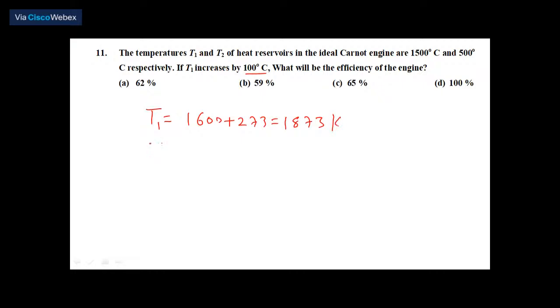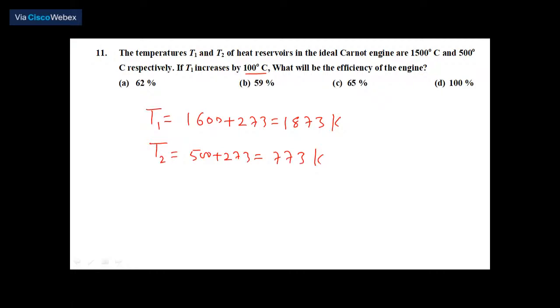As far as the sink is concerned, the temperature is T2, which is 500 degrees Celsius. In Kelvin, 500 plus 273 is equal to 773 Kelvin. Somebody has given C as the correct option; we'll verify.